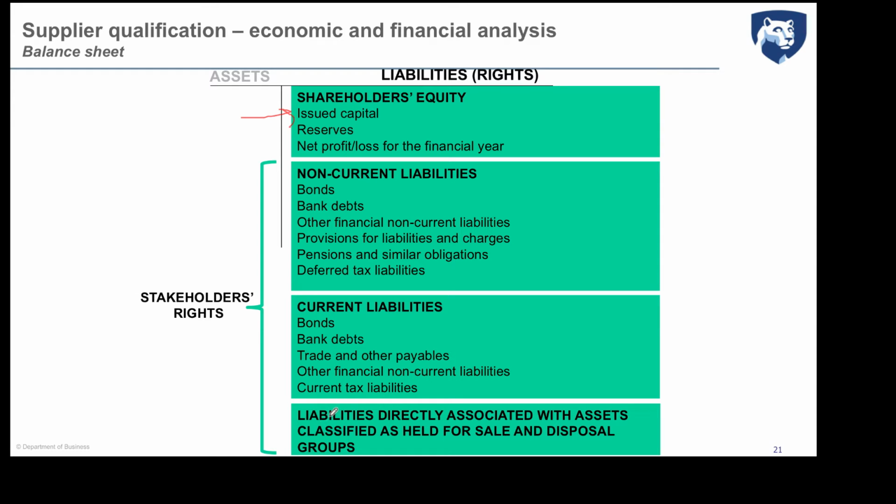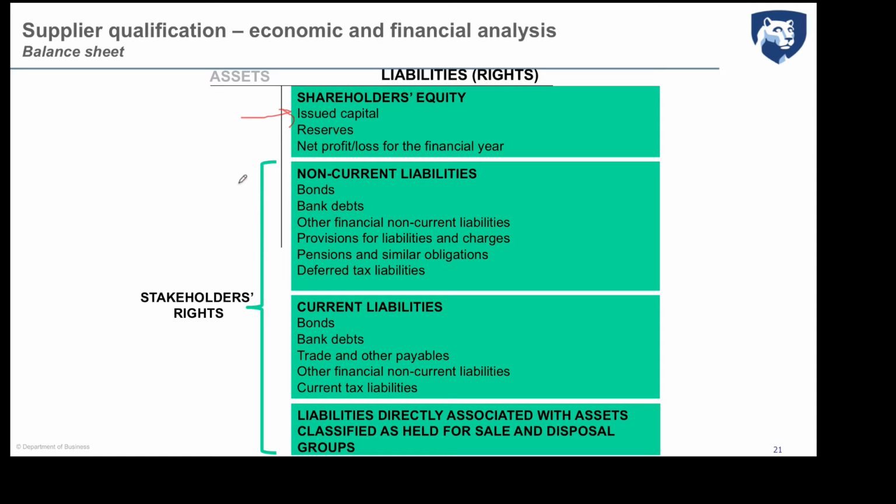Finally, also in this case, we have liabilities directly associated with assets classified as held for sale and disposal groups. So these are liabilities which I already know will not be present in the next design of the balance sheet liability section, not because they will be extinguished, but because they will be passed to other types of ownership, or eliminated in some way, or sold with some other instruments, but they are not classified as either current or non-current.